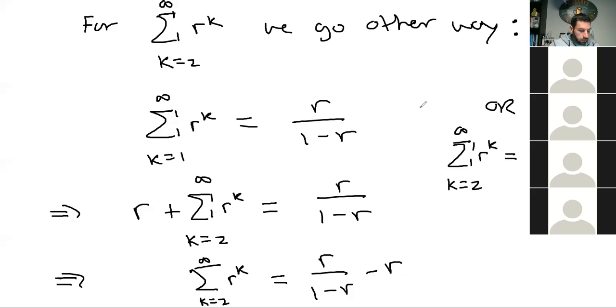So you just get r squared over 1 minus r. So again, do you have to do this? No, you can reason in other ways, but this is one way of doing it.